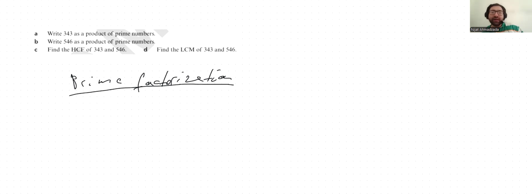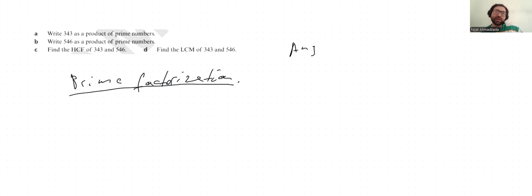Okay, now we have to write the number as a product of prime numbers. The idea of doing that is called prime factorization. So let's try to understand the idea behind prime factorization. Think of any number.